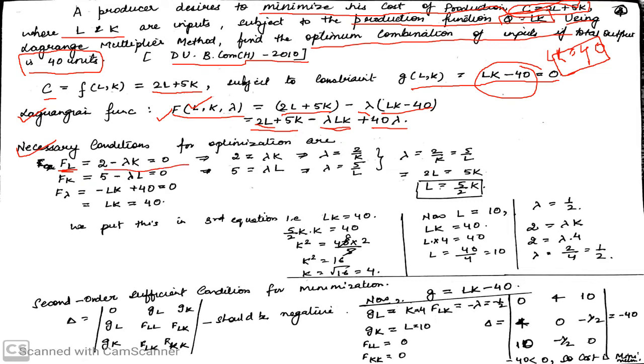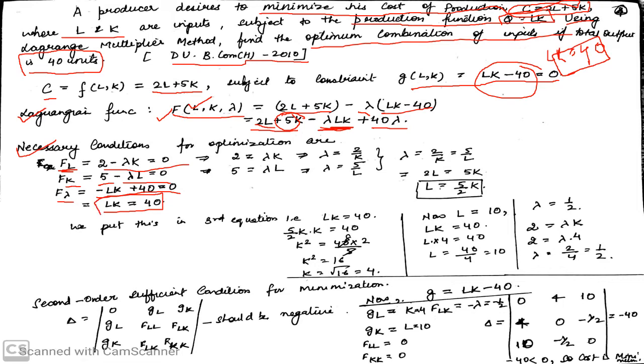Then again with respect to capital, this will be 5 and minus lambda L. Put this equal to 0. Now with respect to lambda, this will be minus LK plus 40. Minus LK plus 40 is equal to 0. It means LK is equal to 40. Now we have put all these equations equal to 0.